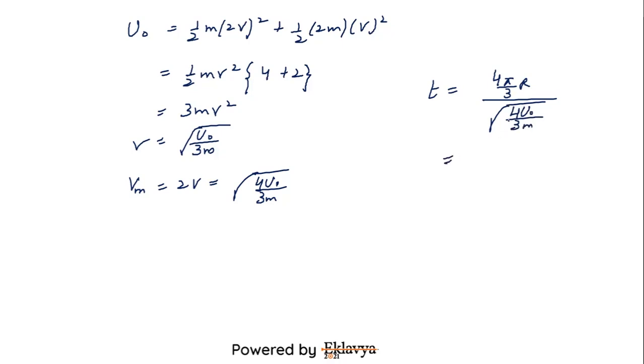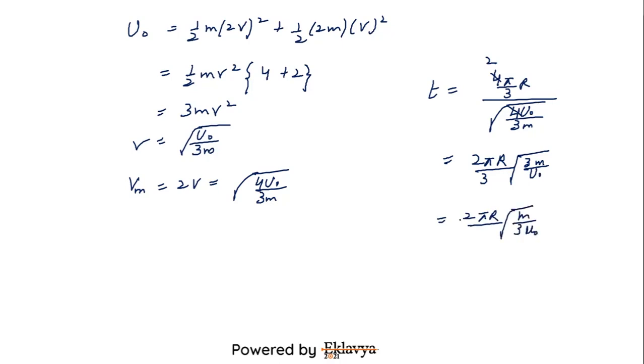So we can pull out this 4 as 2 and then it will cancel out. So we will be left with 2 pi r by 3 and then root of 3m by u naught. I guess everything has been taken care of. This can also be written as 2 pi r by root of m by 3 u naught, like this.